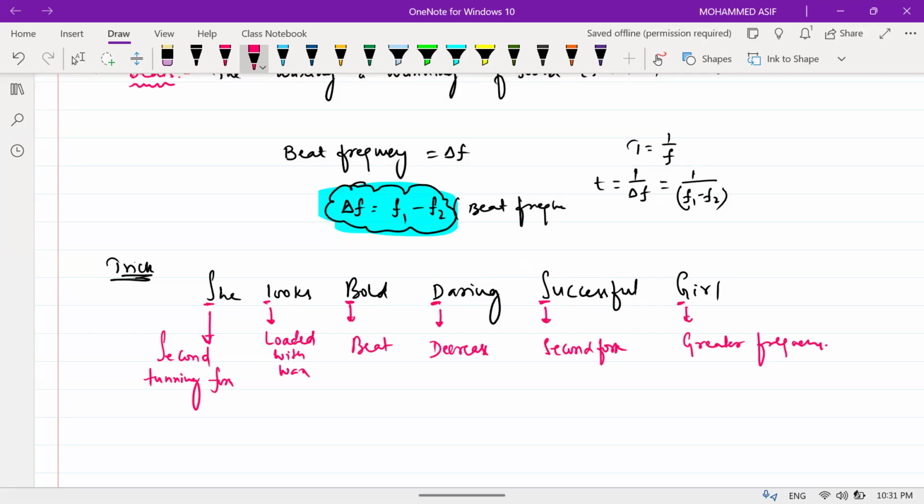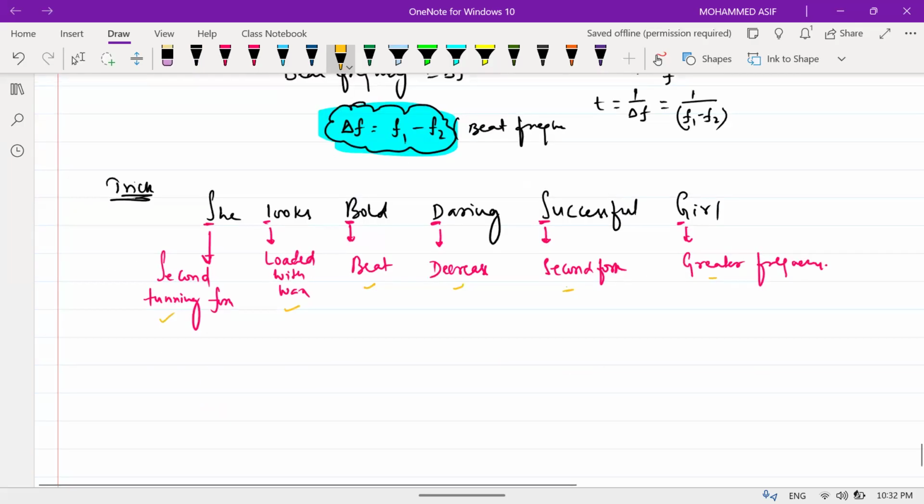That means if the second fork is loaded with wax, the beat frequency decreases, then the greater frequency will be the frequency of this second fork. Am I clear? So what is the condition?